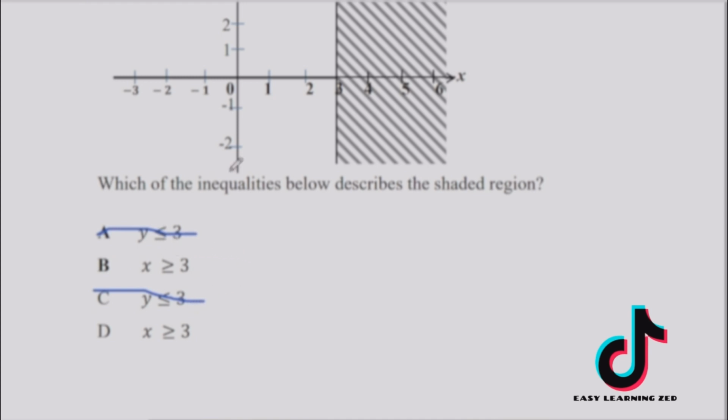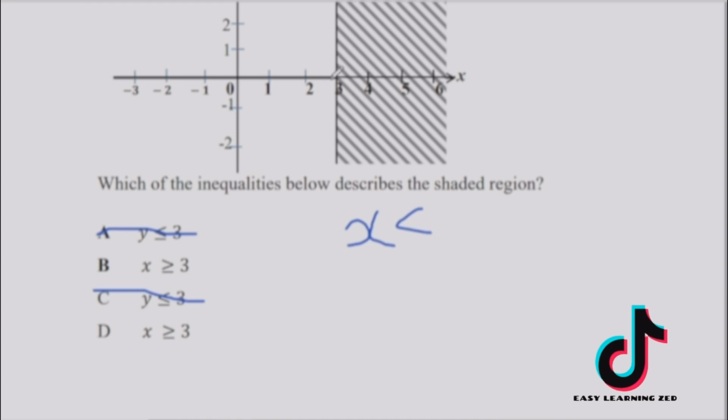So when we look at this, this line is crossing on 3, and the shaded region is on the right side, which has greater numbers than 3. So we can come up with a statement which is x. The region which is shaded has numbers bigger than 3, so we are saying greater.